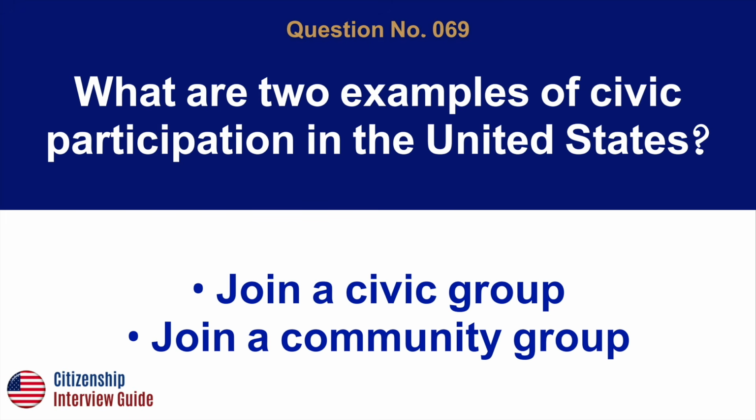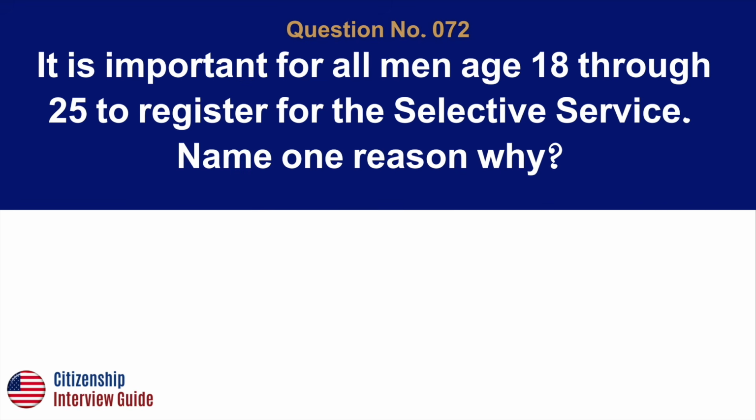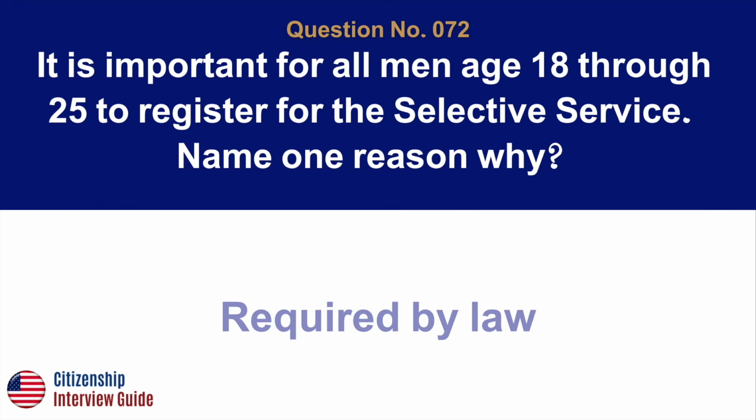Join a civic group. Join a community group. It is important for all men, age 18 through 25, to register for the Selective Service. Name one reason why. Required by law.